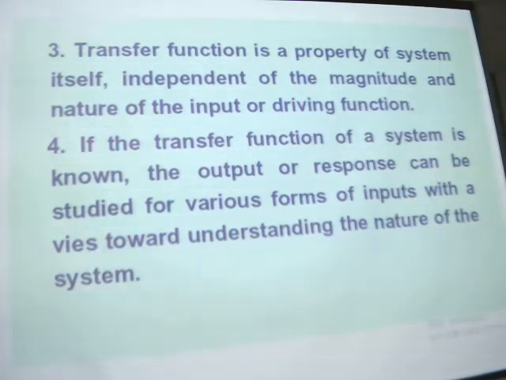And the fourth, if the transfer function of a system is known, the output or response can be studied for various forms of inputs with a view toward understanding the nature of the system.